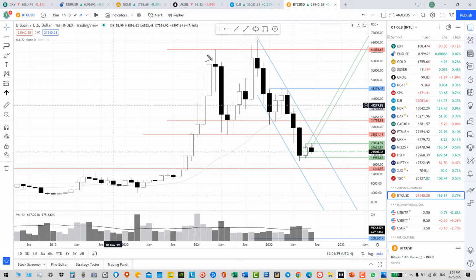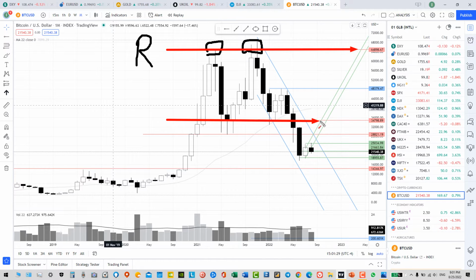Here we can see that the historical peaks around a resistance around $65,000, and of course it's working as a major resistance, in addition to a zone of around approximately $6,000.